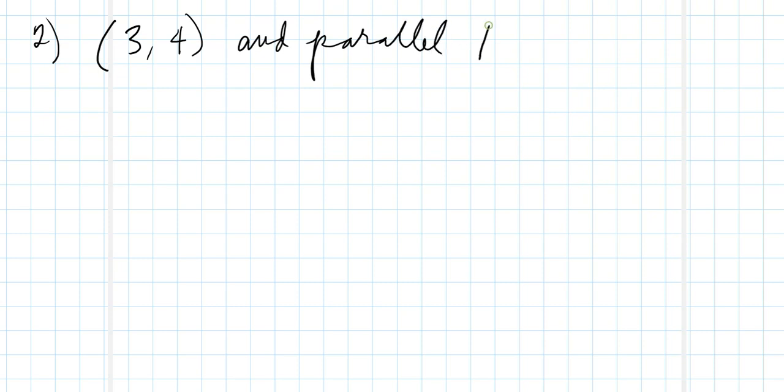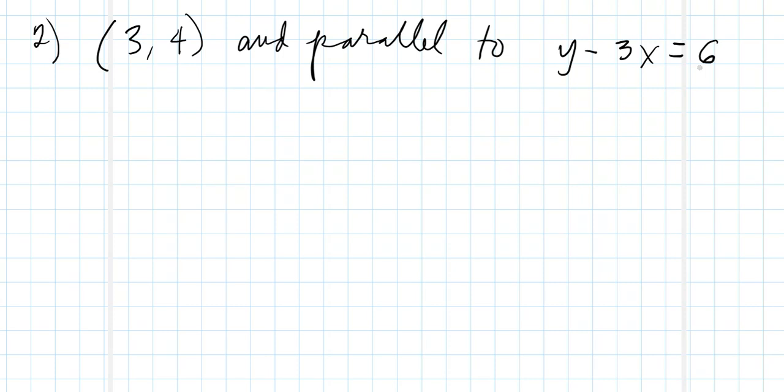Given a point (3, 4) and parallel to y minus 3x equals 6. Okay, so how do we write the equation of that given example?